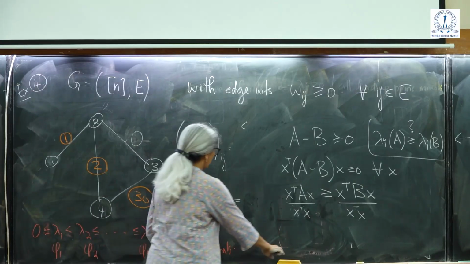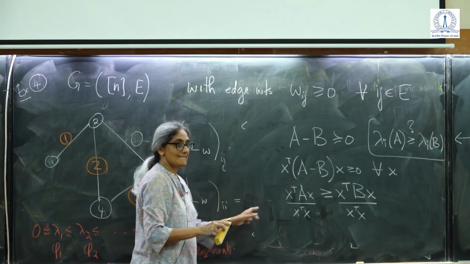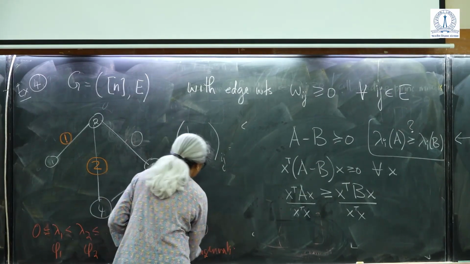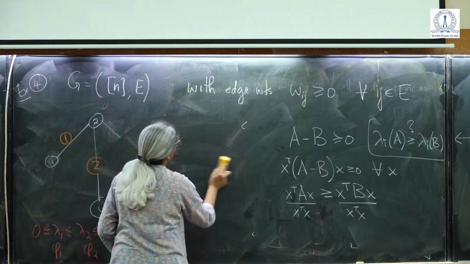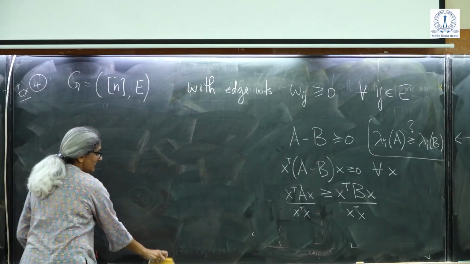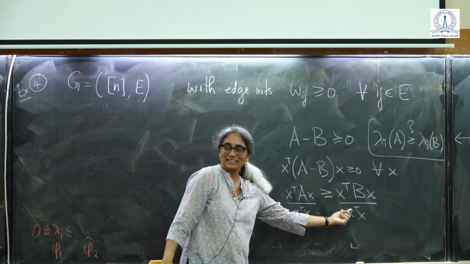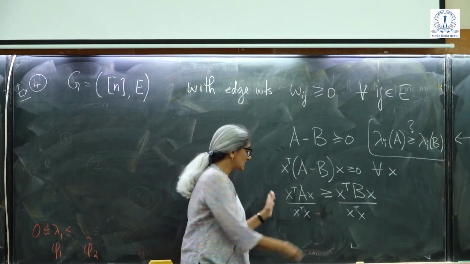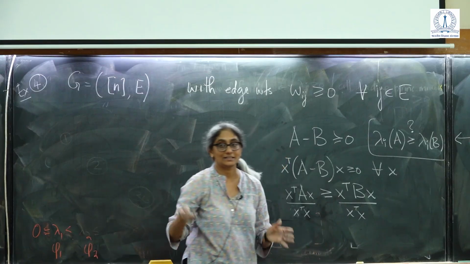Now, can I put a min here and say that's greater or equal to min there? What do you think? Is it a strong yes or a weak yes? I want to put min here and say it's greater or equal to min there. This quantity for all x is greater or equal to the corresponding quantity for those x's.